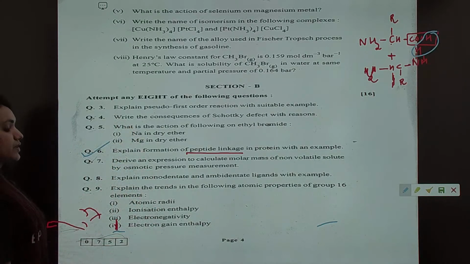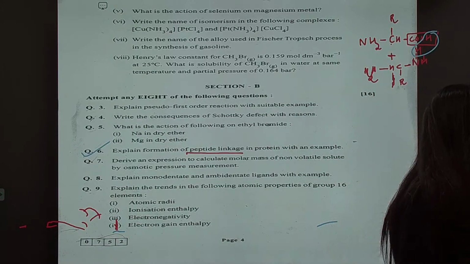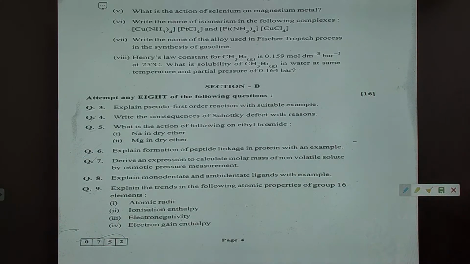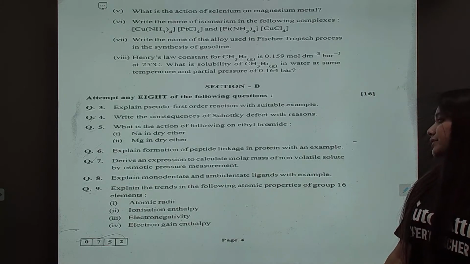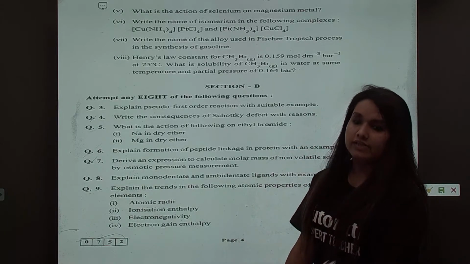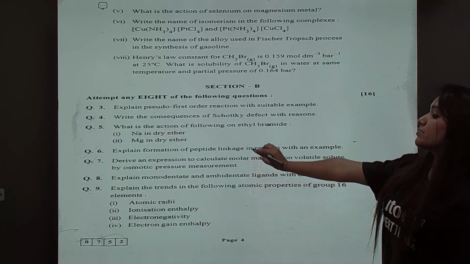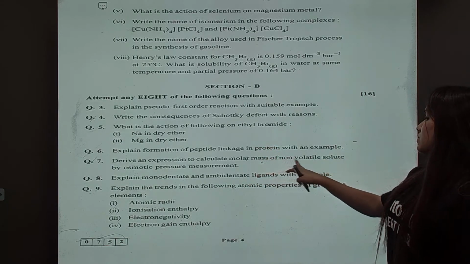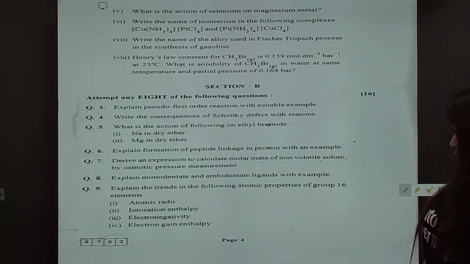Moving on to the next question. The next question, everyone, is a derivation which you all must have seen in your books as well. I'm pretty sure you must have practiced it a lot. So let's not get into the entire derivation. I'll just tell you what you were supposed to derive. Derive an expression to calculate the molar mass of a non-volatile solute by osmotic pressure measurement.